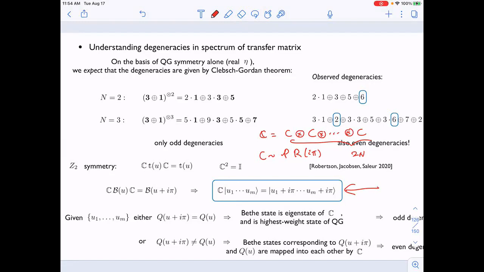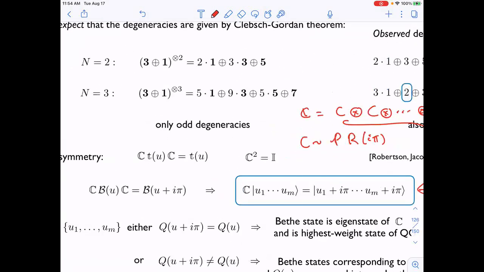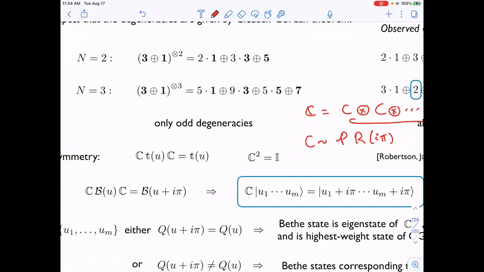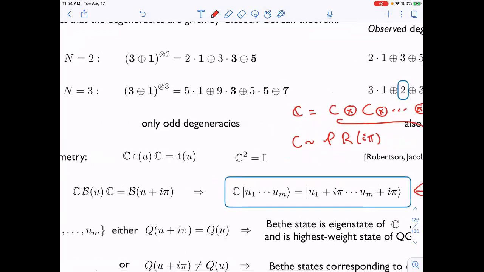But Hubert, just one question, because you made a comment and I'm not sure if I agree or not. This is the action of C on this blackboard T, but acting on the single T, I think what it does is it shifts U by I pi. This shows that T and the one shifted by a pi are related by a unitary transformation, with the same spectrum.